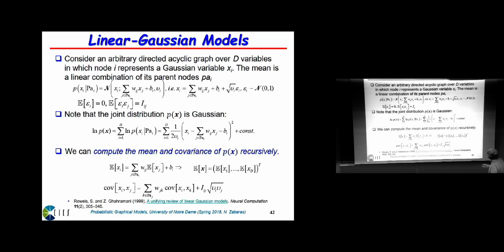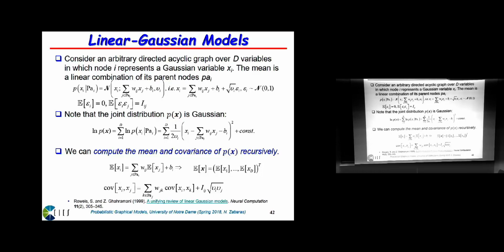If you calculate these recursively and put them in order, it will give you the mean of the multivariate variable x. Everybody sees this equation? I take the mean of xi, the summation becomes the mean of xj, this is constant, and the mean of this is 0. So basically I have a recursive relation, and those means, when I put them together in vector form, will give me the mean of vector x.